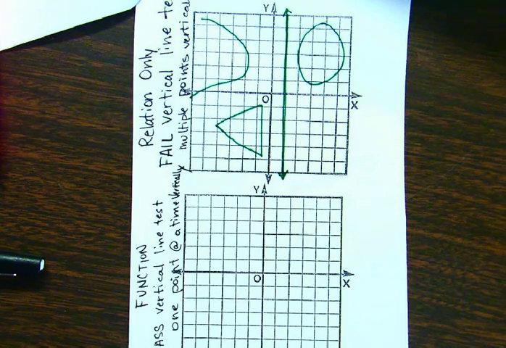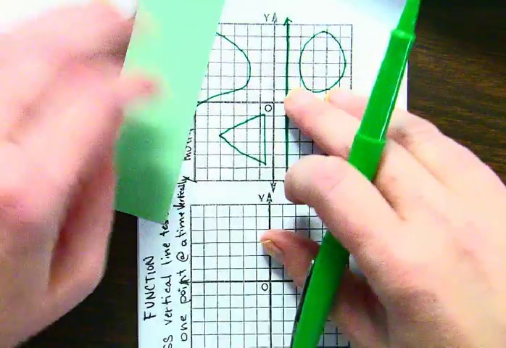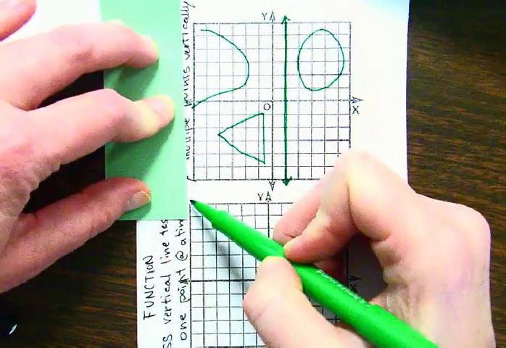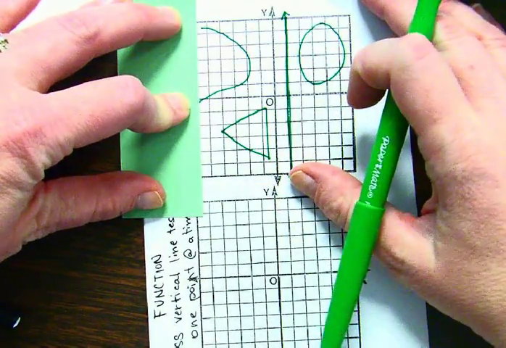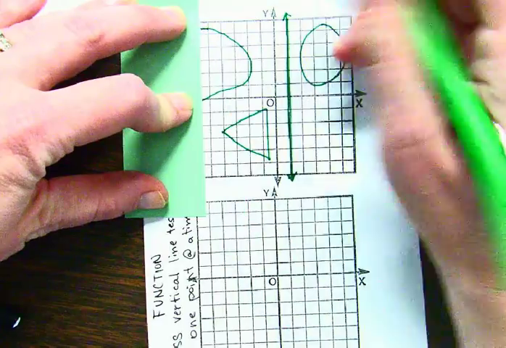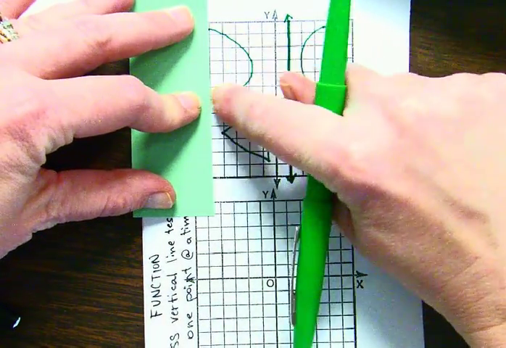So what that means is I'm going to take the edge of my paper. It's a straight line. I'm going to hold it vertically, and I'm going to run it over this backwards C looking thing.